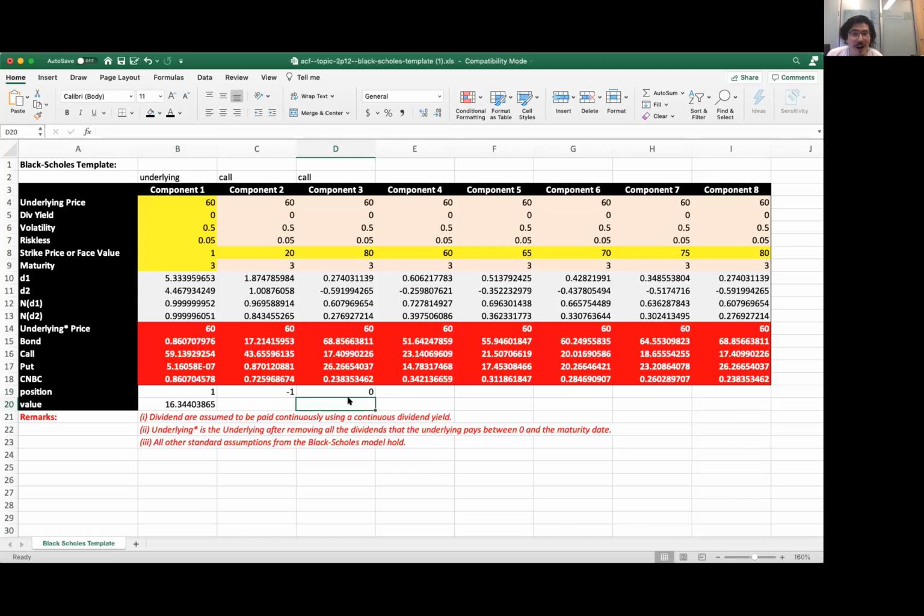Done. We have our answer. The value is 16.34 million. So what is the value of flexibility? The value of the option is actually quite valuable. It's like $4.35 million. Flexibility is valuable. Make sense? Yeah, it does.